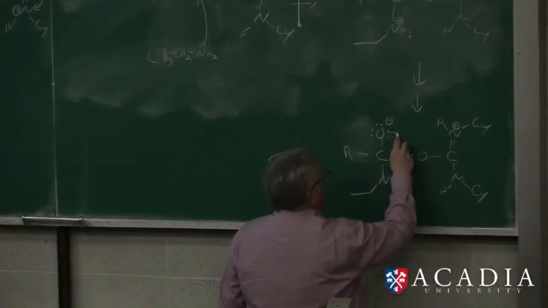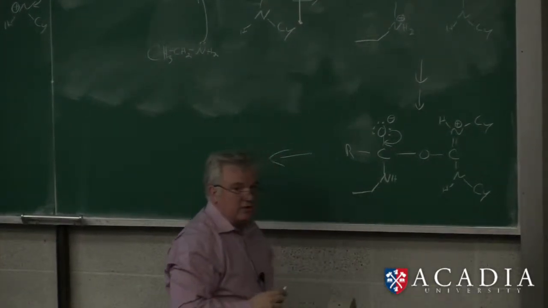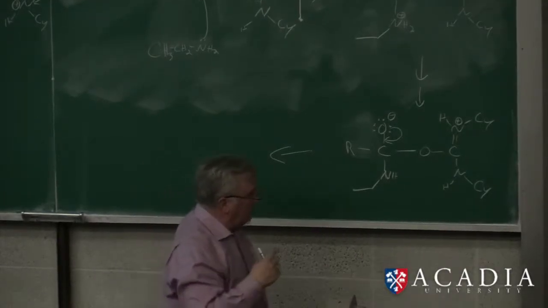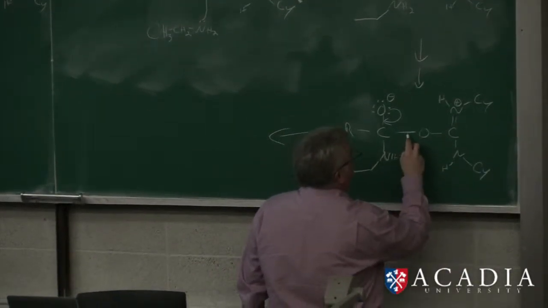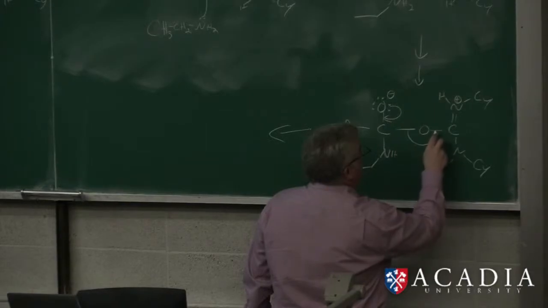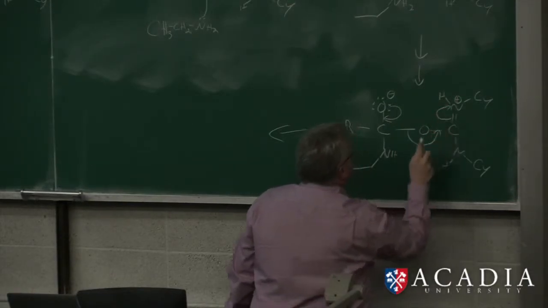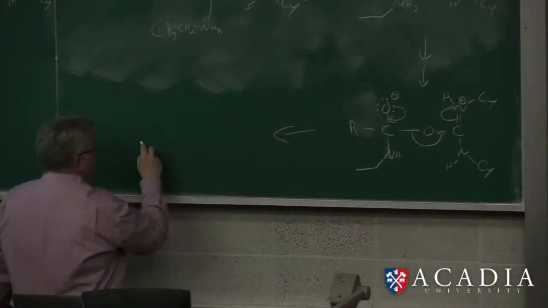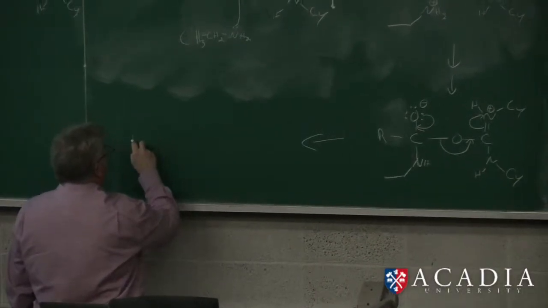We're just going to reform this carbon-oxygen double bond, and our leaving group is now going to leave. And when it does so, we get the formation of our final products.